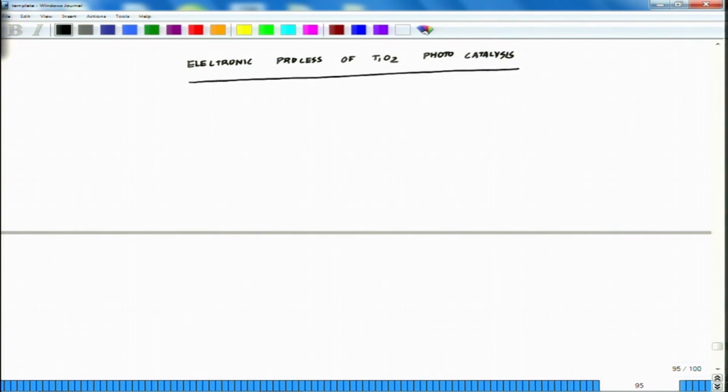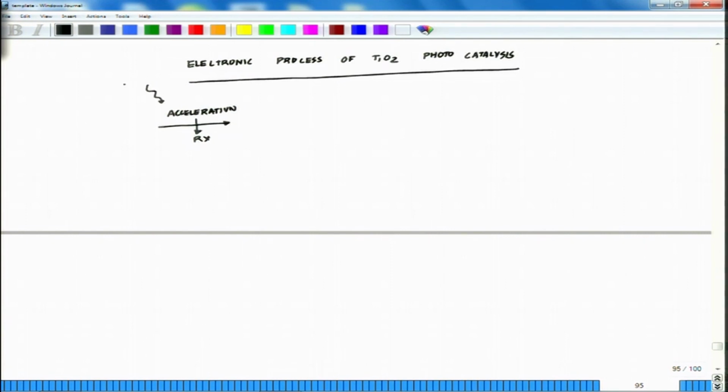Now, photocatalysis is widely used to describe the process in which acceleration of a reaction occurs. So, there is a reaction happening, and this reaction is getting accelerated when a material, usually a semiconductor, interacts with light of sufficient energy or of a certain wavelength.